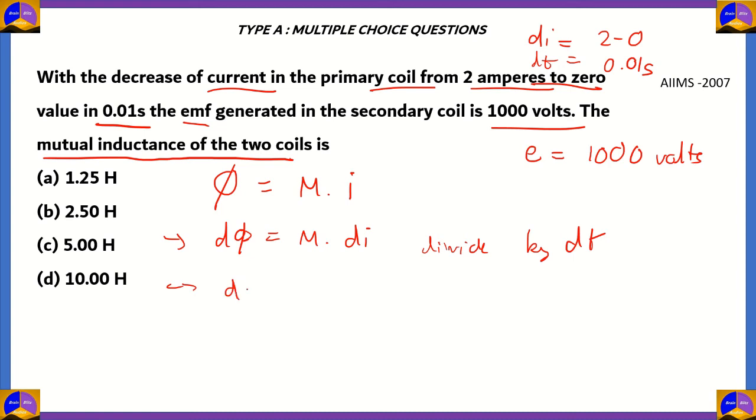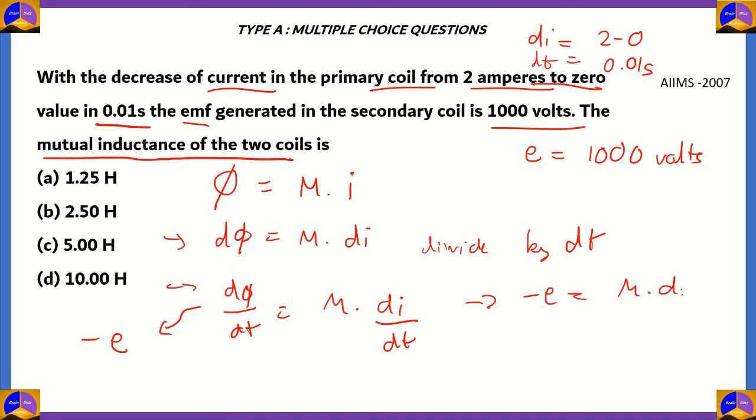So therefore, d phi by dt is equal to m times di by dt. Now, d phi by dt in our earlier chapters is equal to minus e. So minus e is equal to m times di by dt. So therefore, the value for EMF can be written as minus m into di by dt.